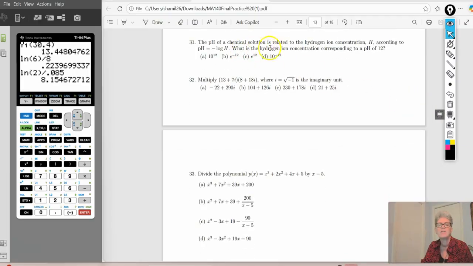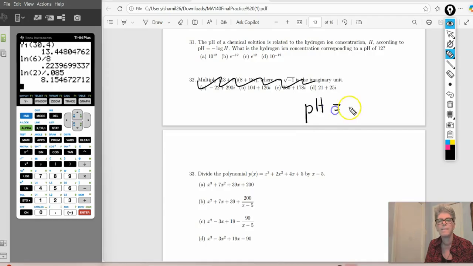All right, the pH of a chemical solution is related to the hydrogen ion concentration according to this rule. So pH is equal to that. And then it says, what is the hydrogen ion concentration corresponding to a pH of 12?